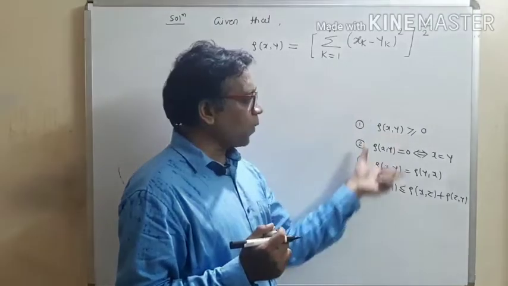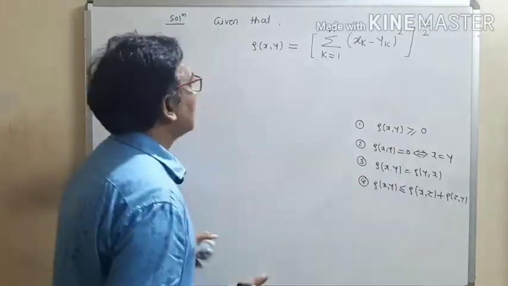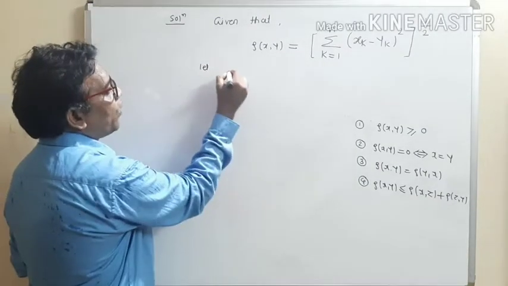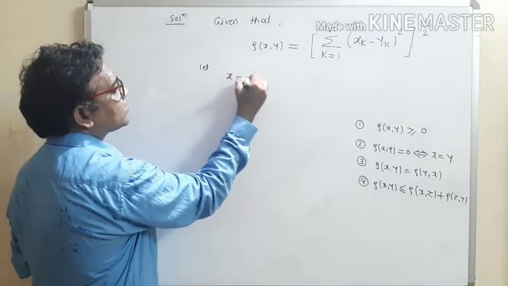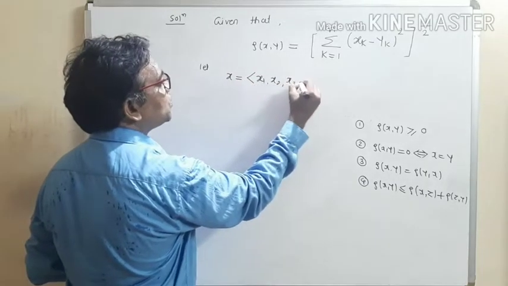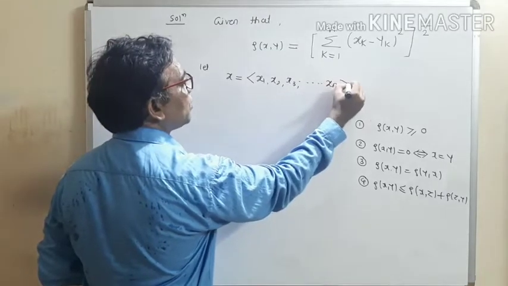So let us prove these properties one by one. So write down, first of all take 3 elements. Let us take x equal to x1, x2, x3 dot dot dot xn.